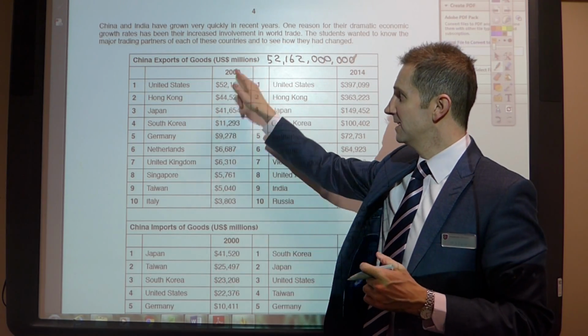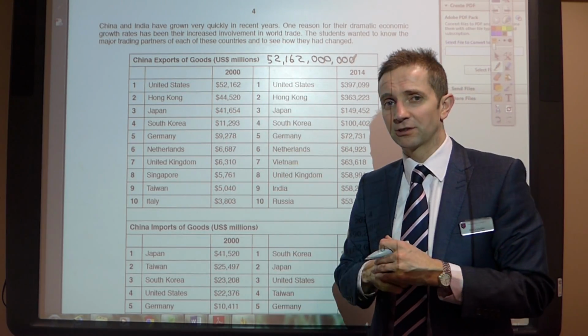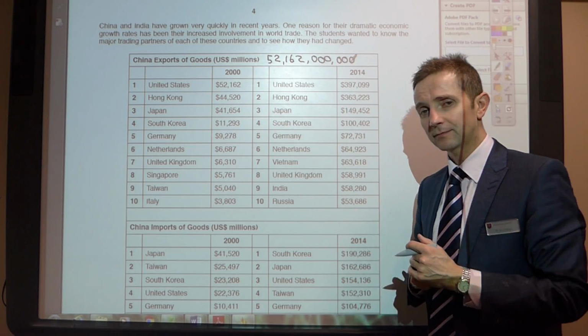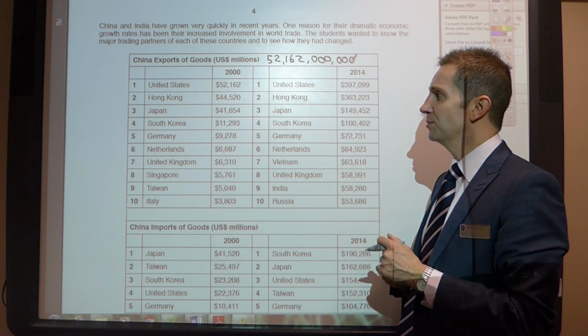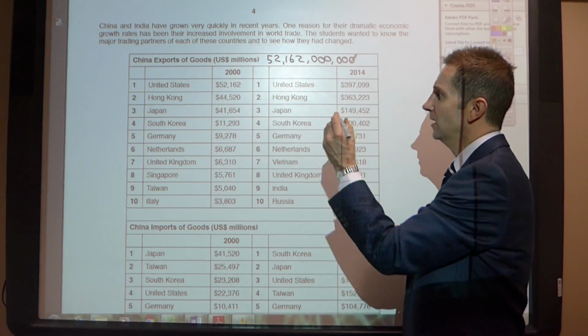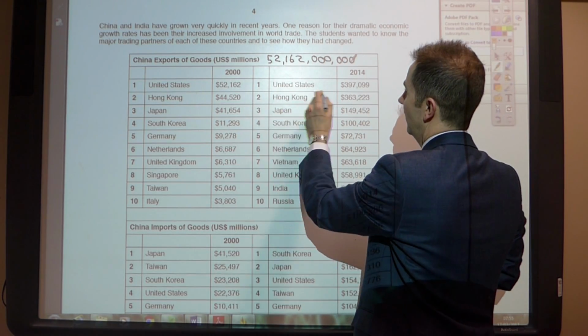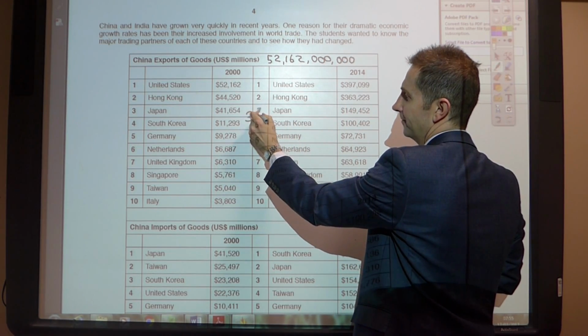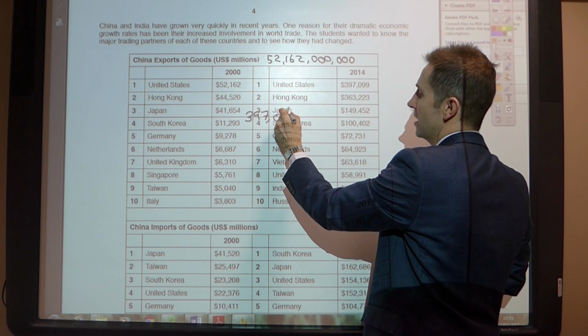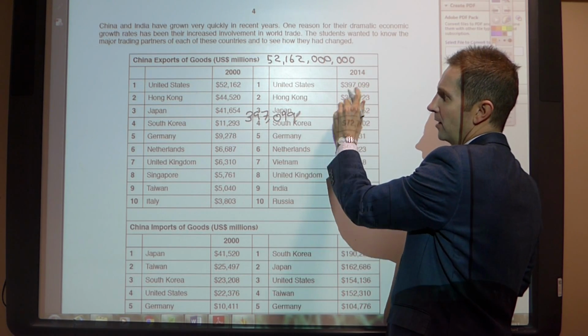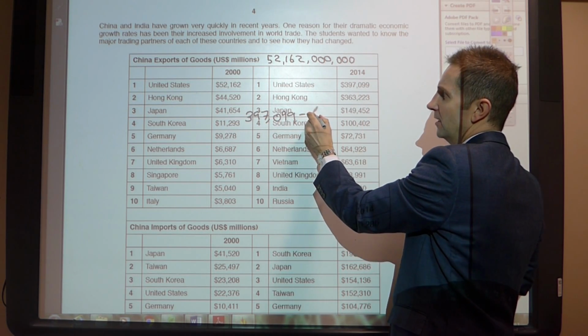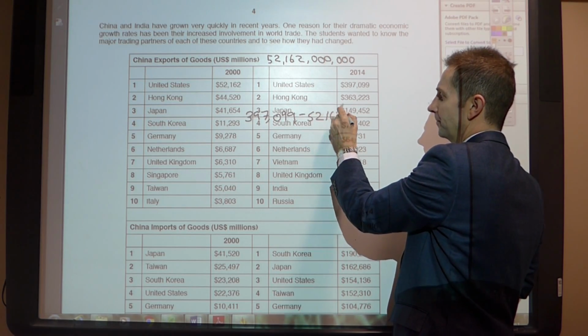However, the fact that it's in millions here makes it easier for us to calculate percentage change. So what would the calculation be for the United States? Well, we would have to do 397,099, which is of course this number, minus 52,162.